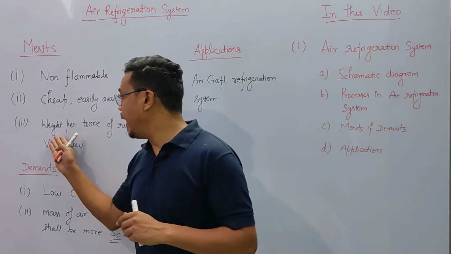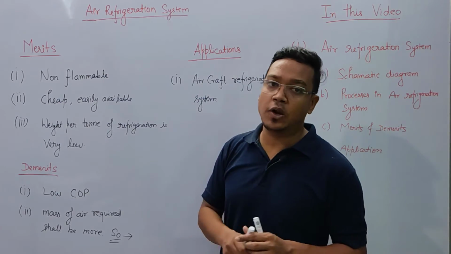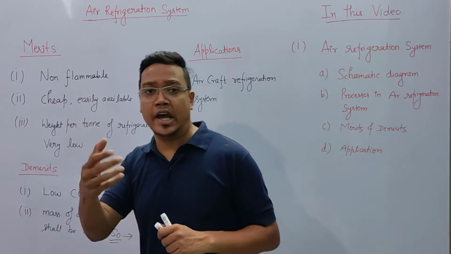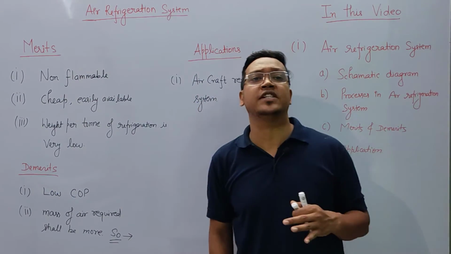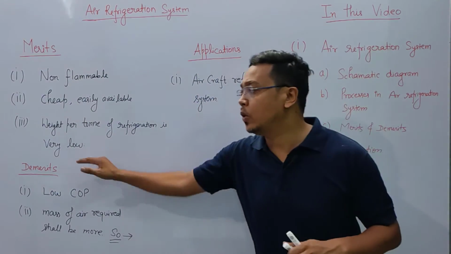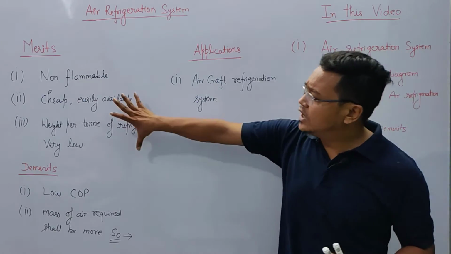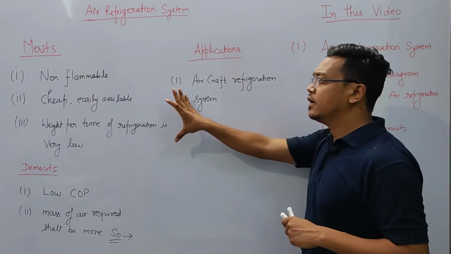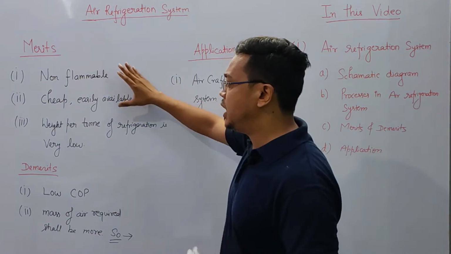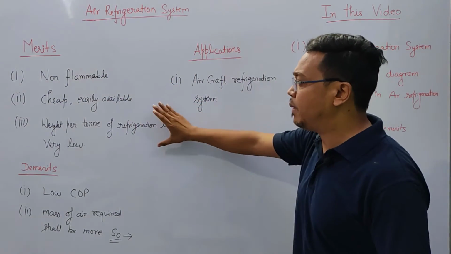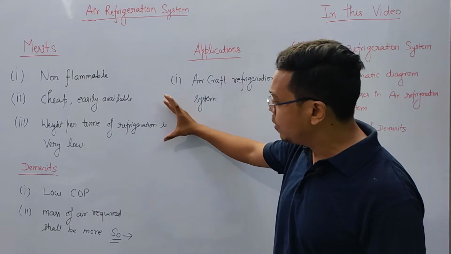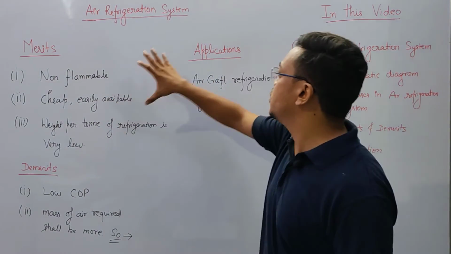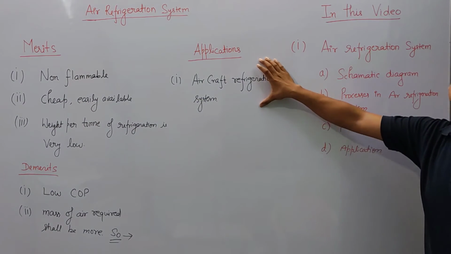Third, weight per ton of refrigeration is very low. That means the amount of air required per ton of refrigeration is very low. Because of these merits, it is used in aircraft refrigeration systems.